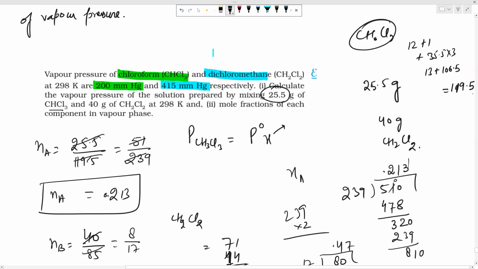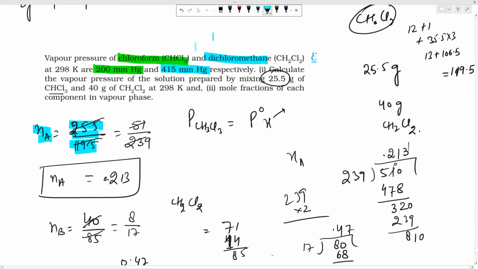We divide and get the number of moles of A as 0.213, which we just consider as 0.2 in two digits.